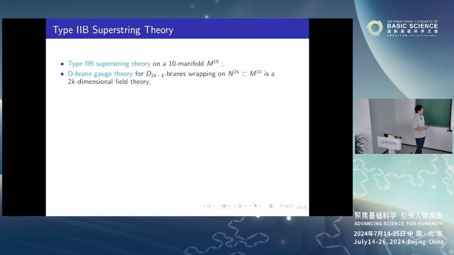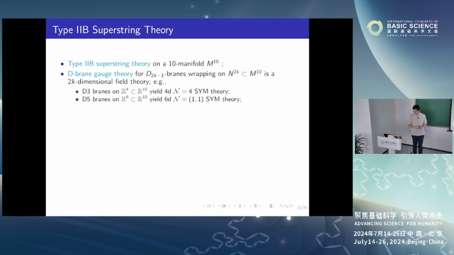Whenever you fix such a submanifold, effectively you end up with a 2K dimensional field theory. Remember, field theory dimension was counted by the dimension of this space-time manifold. So D-brane gauge theory is another field theory you can construct automatically just by thinking of submanifolds of your big 10-dimensional manifold of string theory.